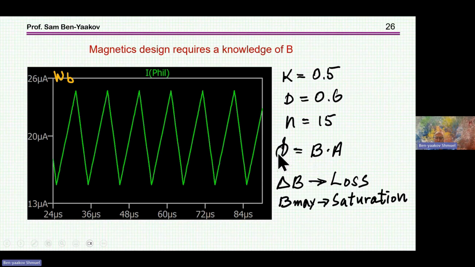So therefore, if I know the flux, I can, for example, select the cross-section area that I need, okay? So this is very, very important information in, first of all, understanding what is going on, the losses and the other aspects, and also for the design.